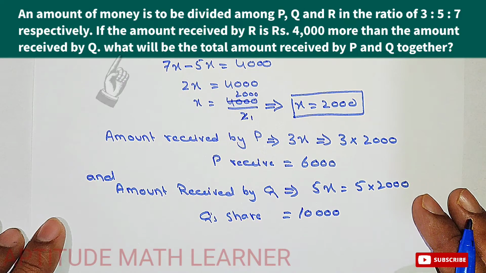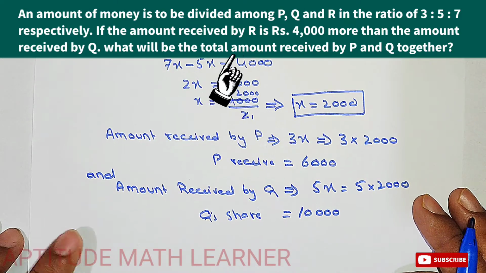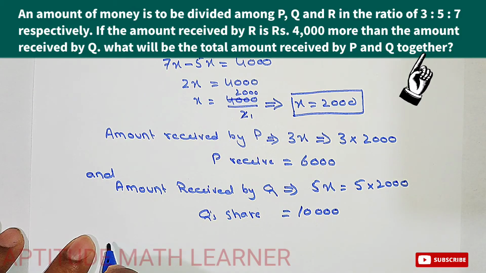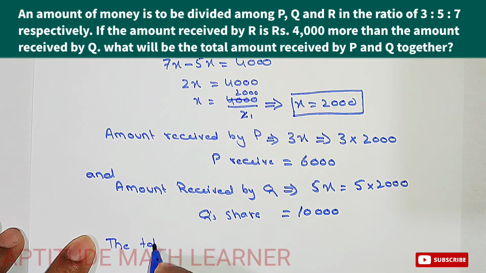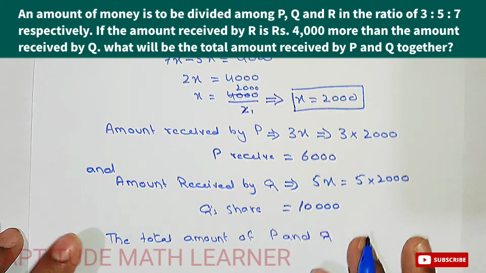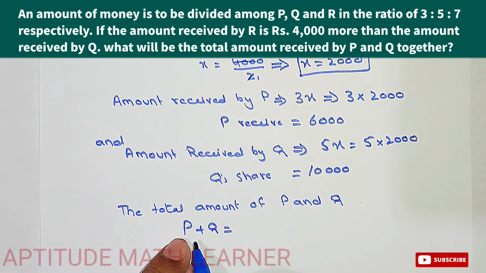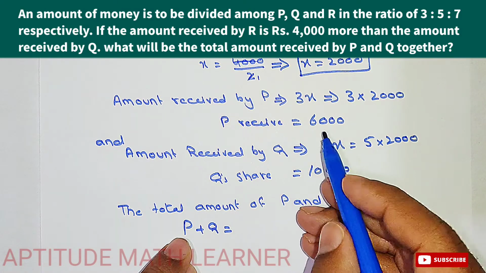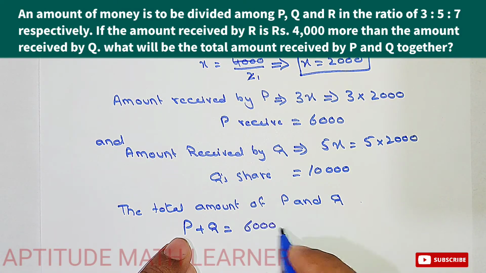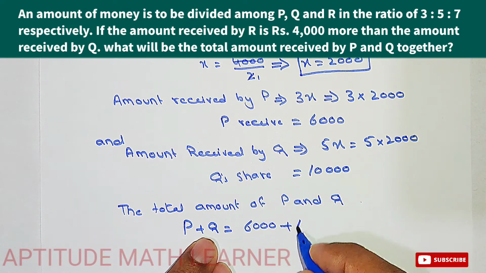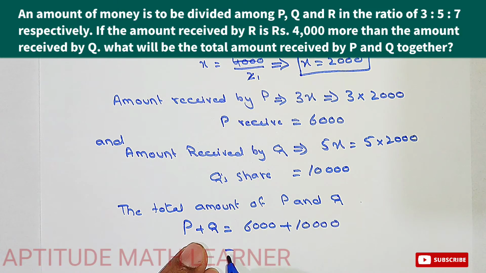So the total amount received by P and Q now will be P plus Q is equal to the amount received by P, that is 6,000, plus the amount for Q, that is 10,000, and this becomes 16,000.